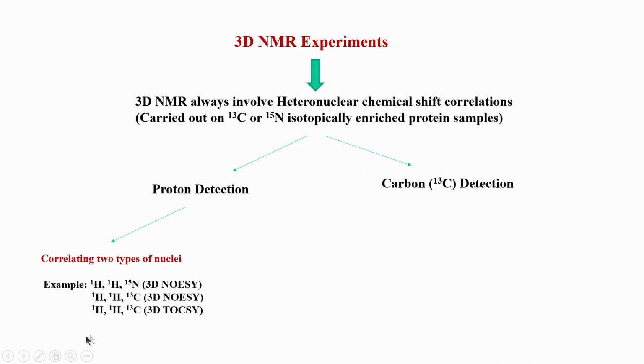For example, it may be a 3D NOESY, correlating proton to another proton to nitrogen. So, you see there are only two types of nuclei involved, not three, but it is still a 3D experiment. Similarly, I can have a proton-proton-carbon correlation, again a 3D experiment, but it involves two types of nuclei, one is proton, the other is carbon.